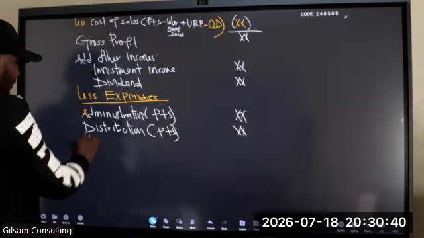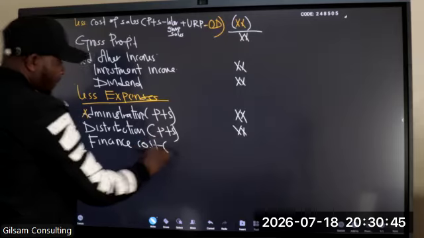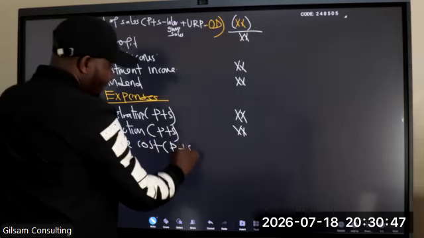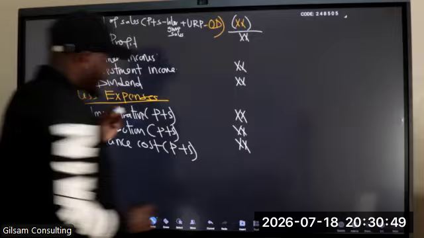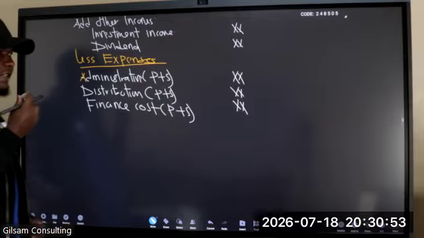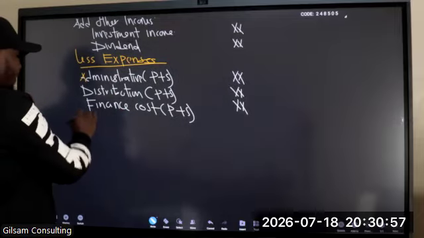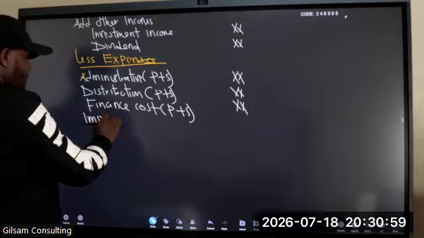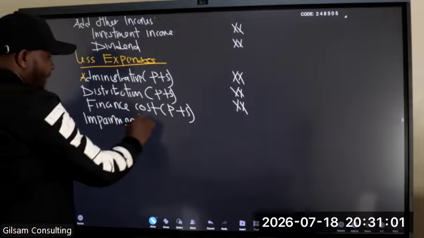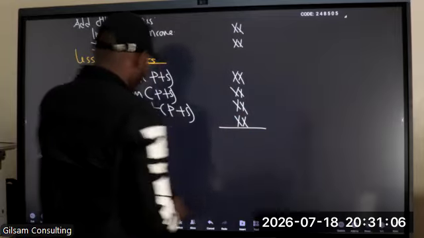Finance cost, parent plus the subsidiary. And then in case there is any impairment of goodwill, subtract the impairment of goodwill.